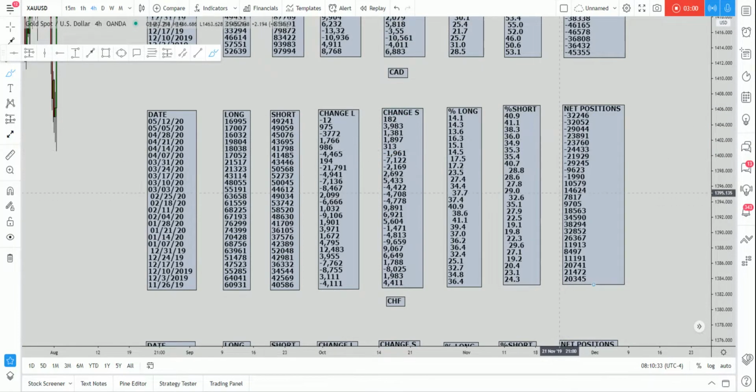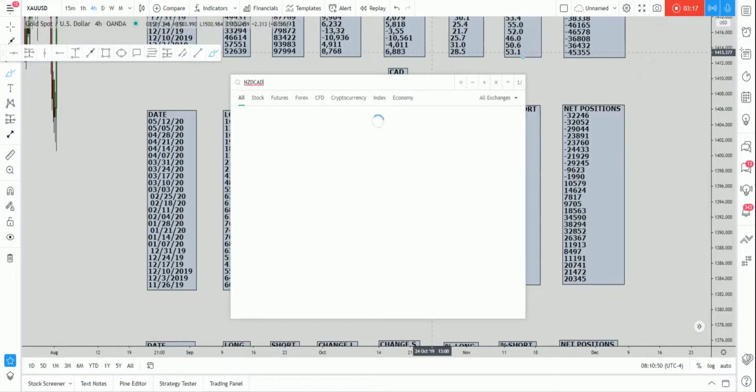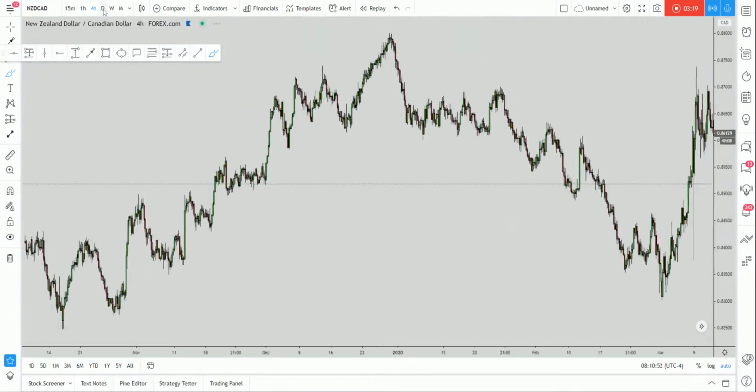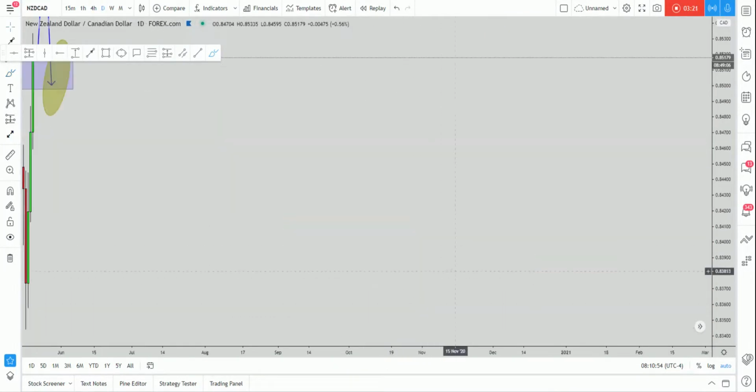We went from the 14K that we had here all the way down to minus 32K. So from having longs outweighing shorts to having shorts outweighing longs from a CAD point of view, meaning that CAD is getting pretty weak. So NZD CAD can make the move to the upside, and from an NZD perspective, NZD is getting stronger as well.